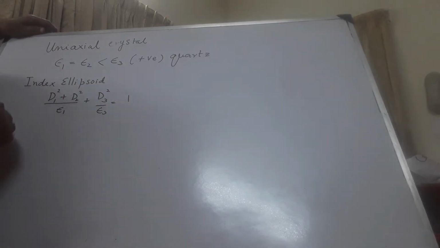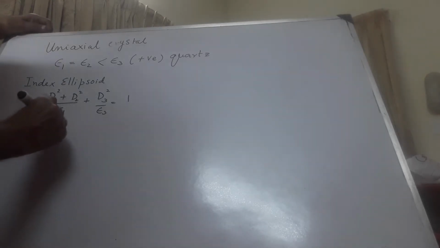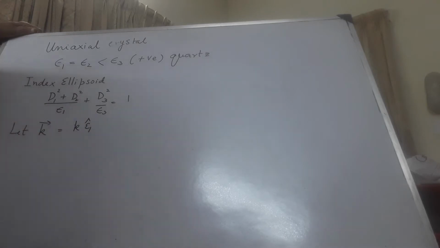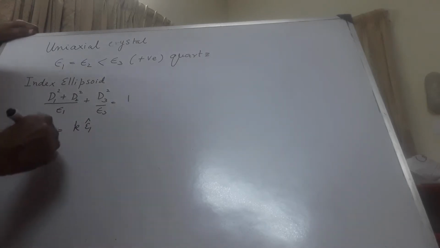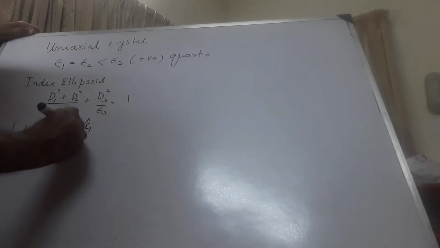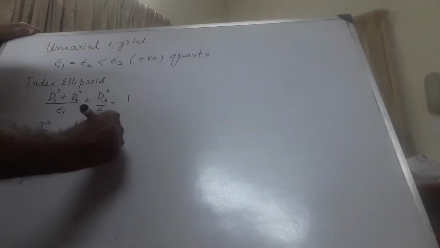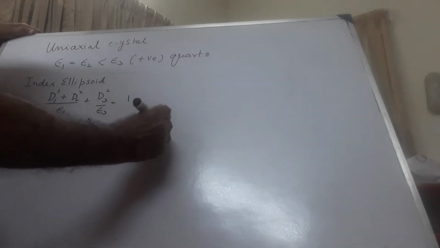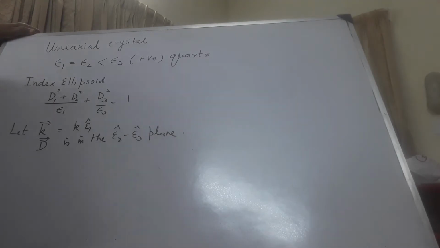Let k vector be along epsilon 1. Then D is in the epsilon 2, epsilon 3 plane. Let us draw the index ellipsoid.